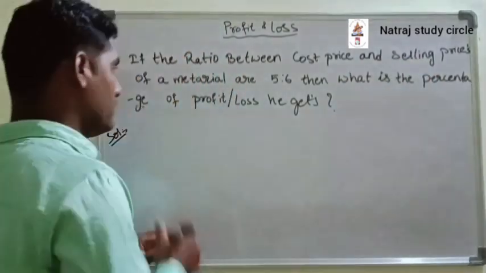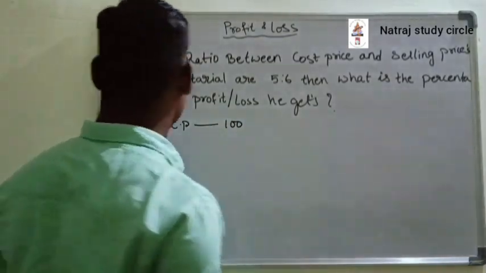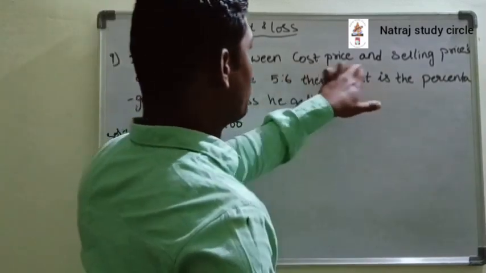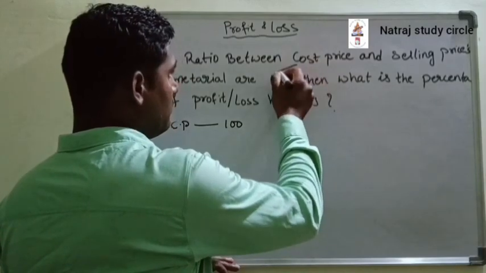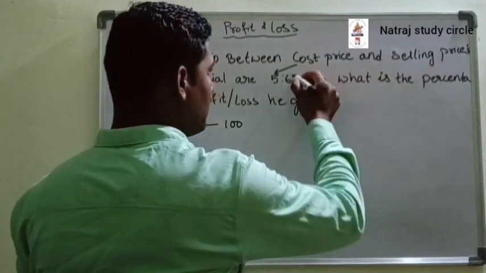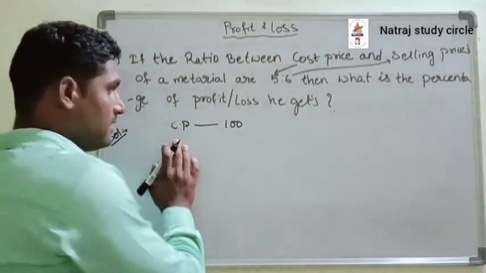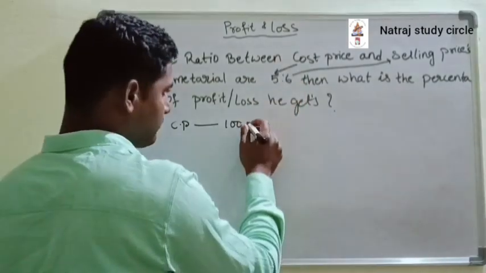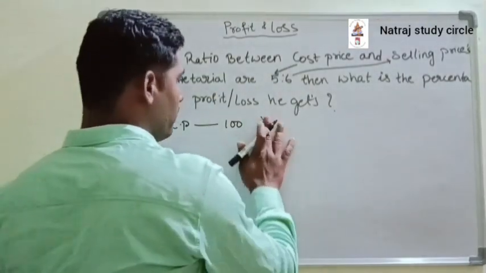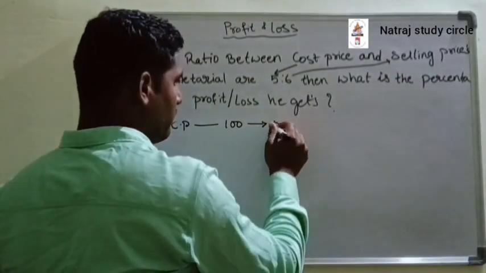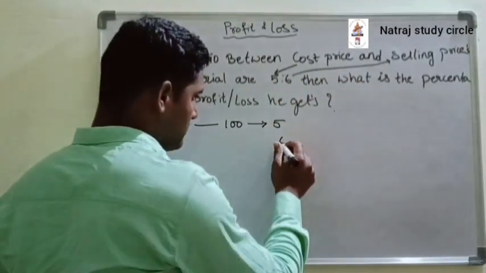So definitely we know that cost price, CP, will be taken as 100%. Here the ratio between the cost price and selling price: cost price is given first, so the cost price ratio is 5 and the selling price ratio is 6.